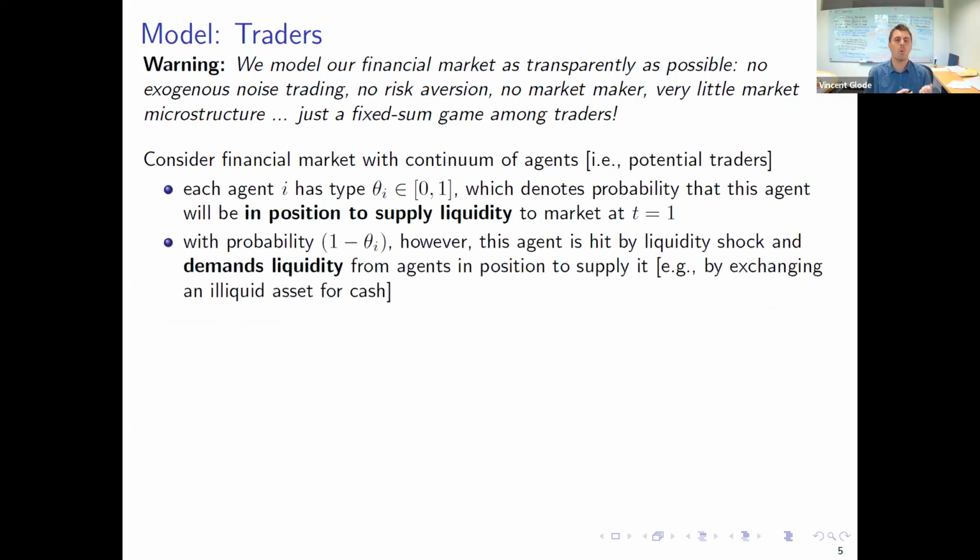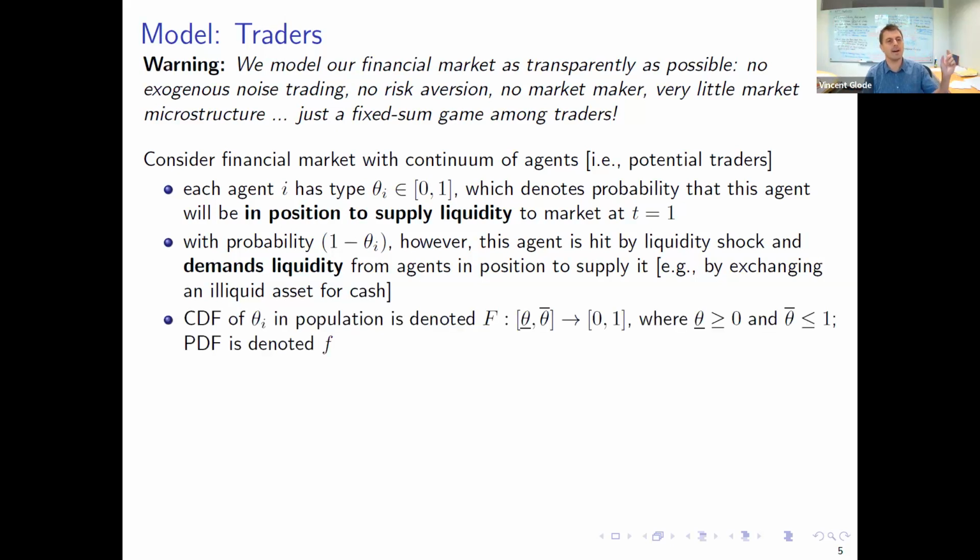With probability 1 minus theta_i, however, this agent is hit by a liquidity shock and demands liquidity from agents in position to supply it. Think of exchanging an illiquid asset for cash. So what's important here is not so much that we're talking about a liquidity shock, liquidity demand, liquidity supply, but that one trader needs a trade and the other trader can take advantage of that need.